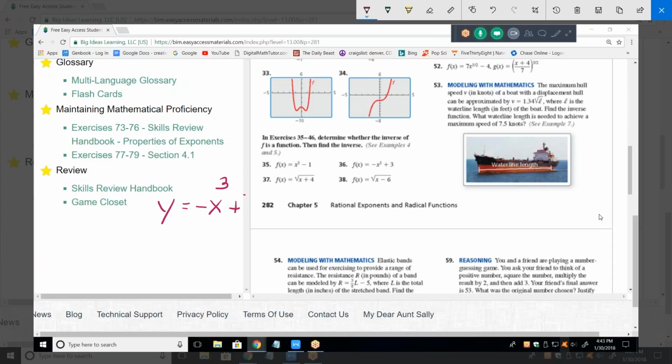Second step. x equals negative y to the third plus 3. Next. And then do it in 2 steps. So x minus 3 equals negative y to the third. Now get rid of that negative sign.